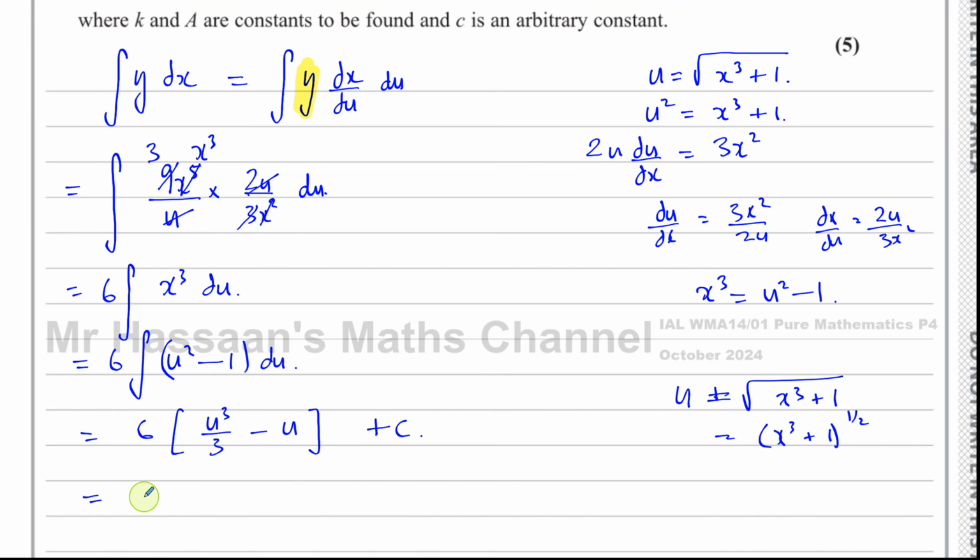equals 6 times, you're going to have x cubed plus 1 to the power of 3 over 2 over 3 minus x cubed plus 1, okay, to the power of a half. You're going to have plus c.